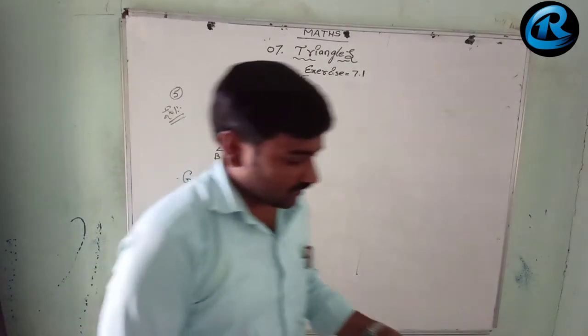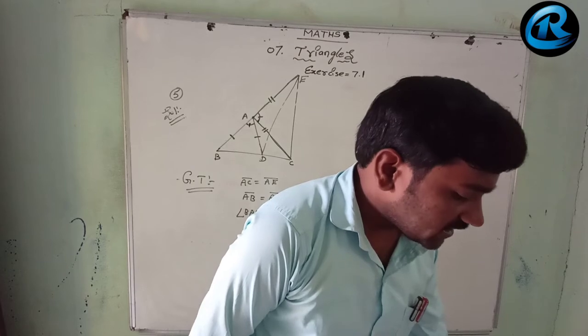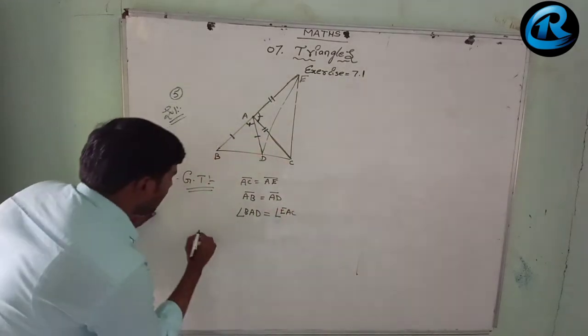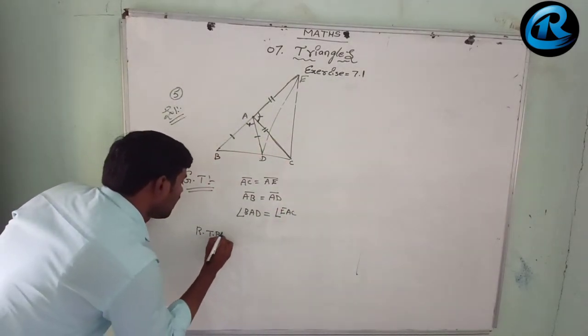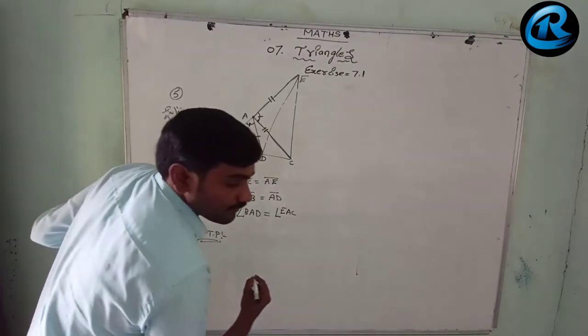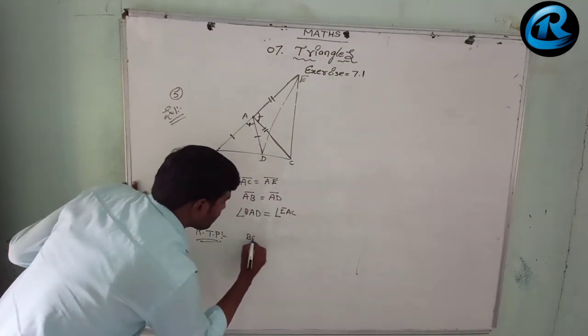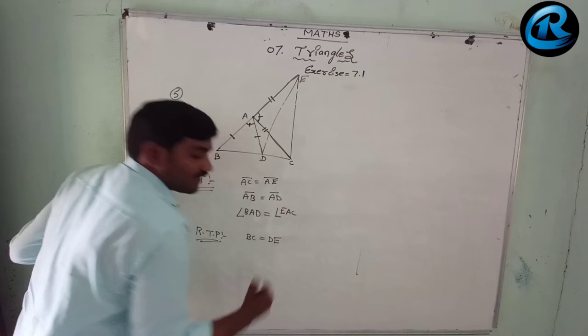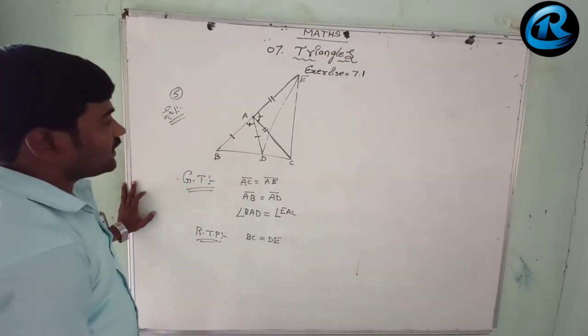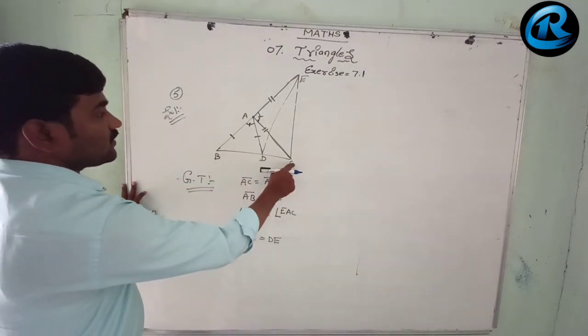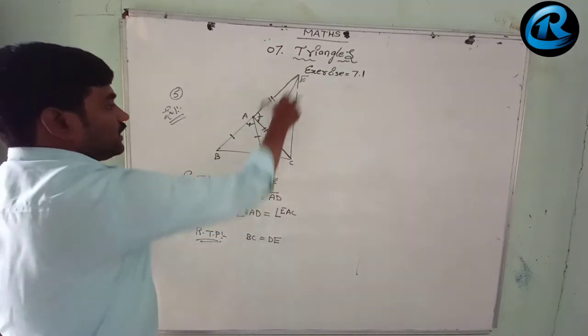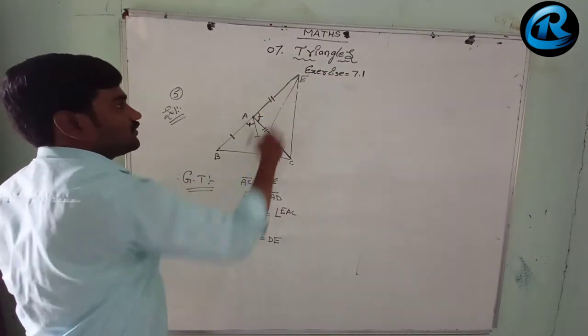Now these angles are equal. Now show that BC equal to DE. That is what we have to prove: we have to show that this BC is equal to DE.